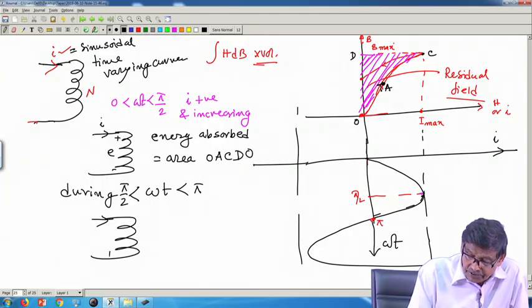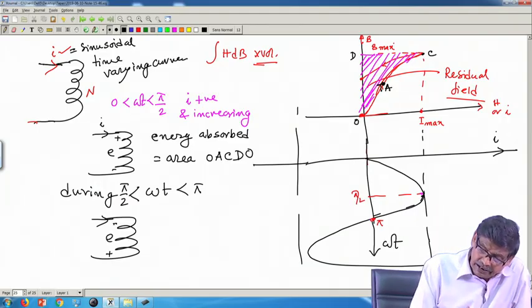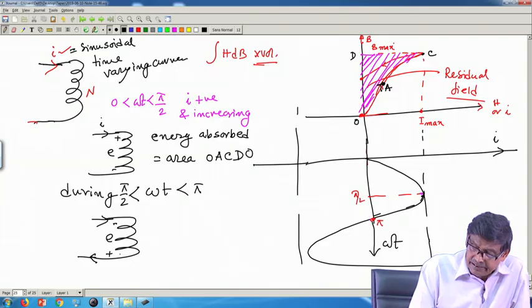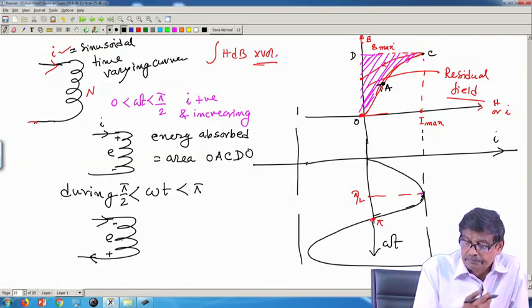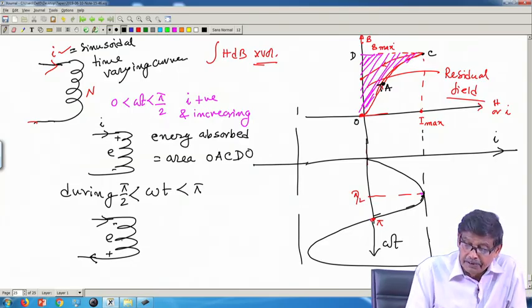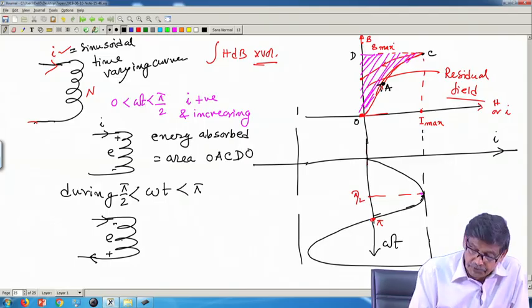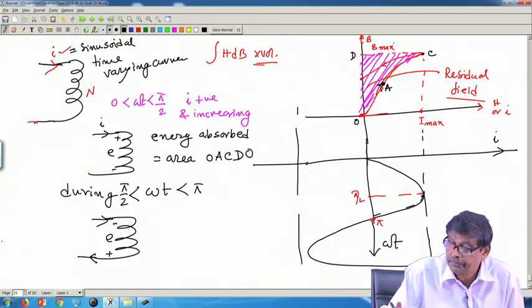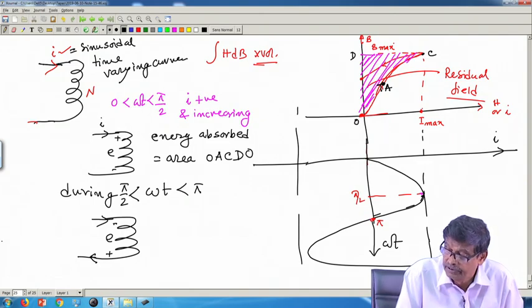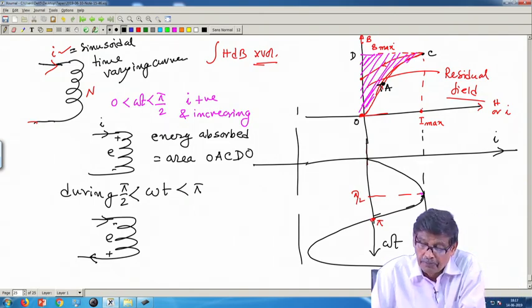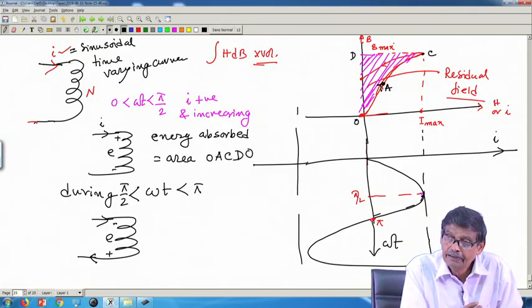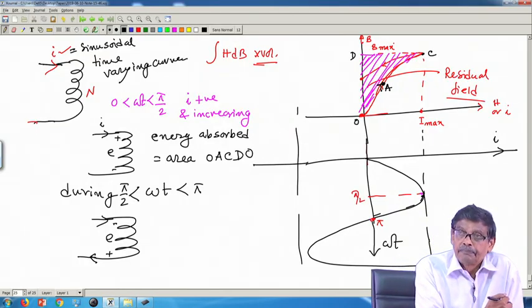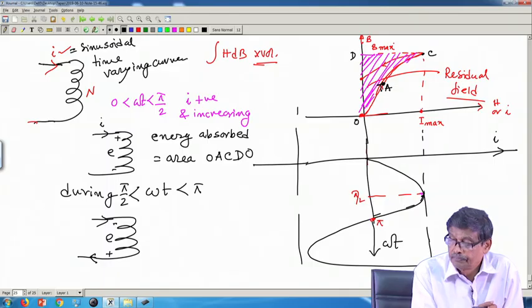Therefore, polarity of the induced voltage has reversed here. What is this coil doing now? It is then delivering power to whom? To the source. Earlier it was absorbing power between 0 to pi by 2, in this region dI/dt positive, it was absorbing power from the source. Now, it will give back power to the source.